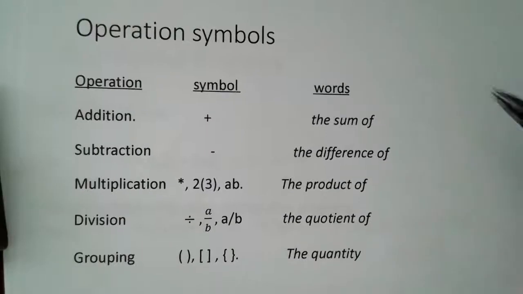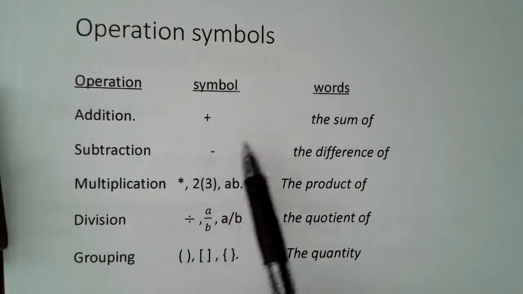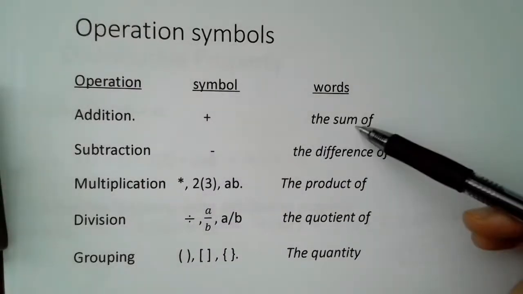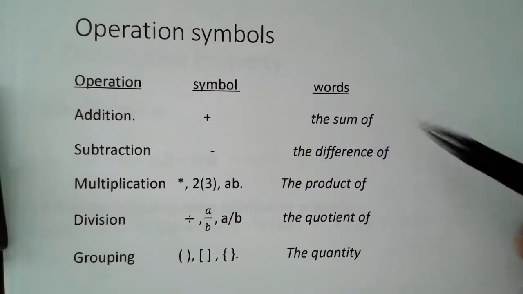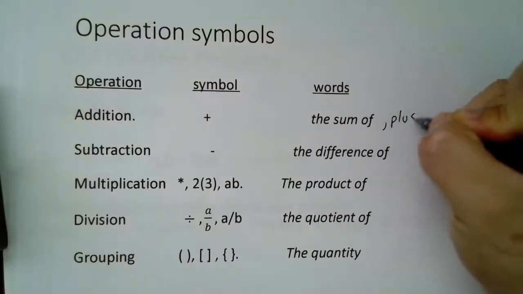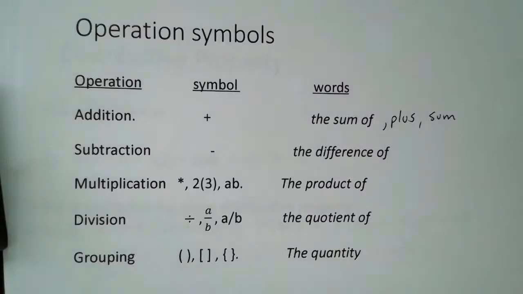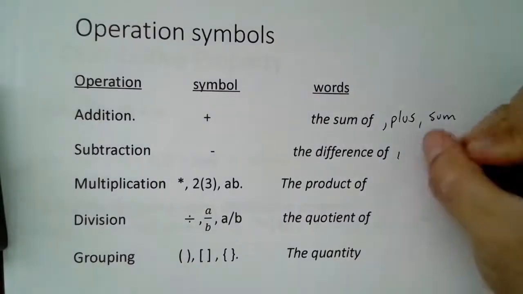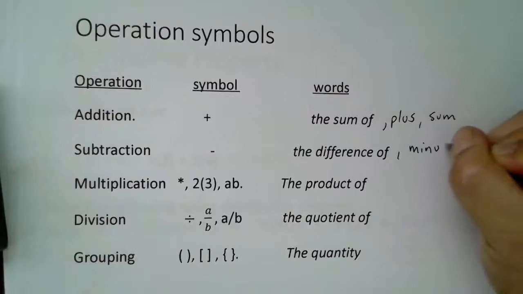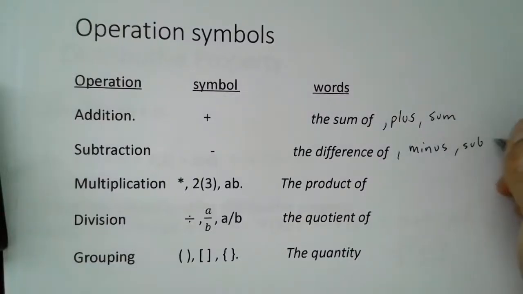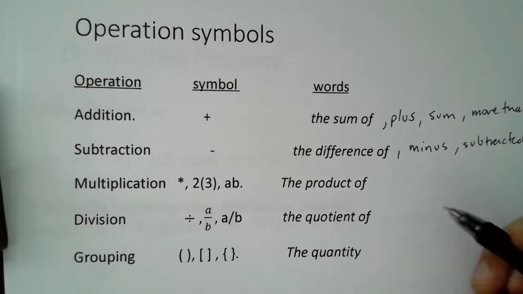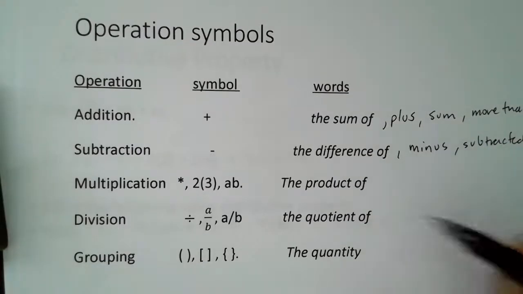So for addition and subtraction in words, we use the sum of, or plus. For subtraction, we use the difference of, minus, subtracted from. Another thing you can say is more than, and less than for subtraction.